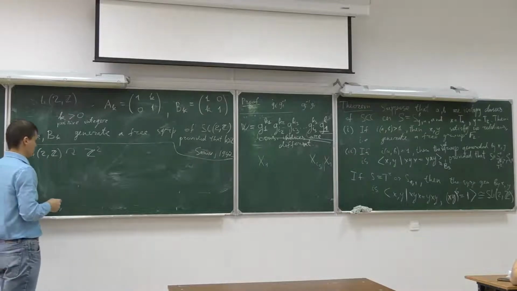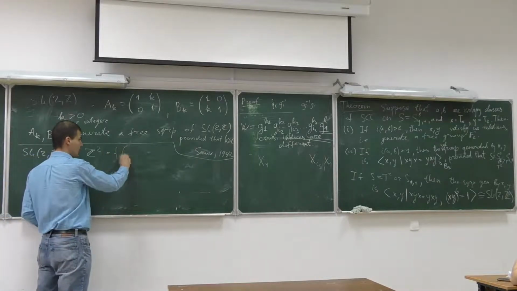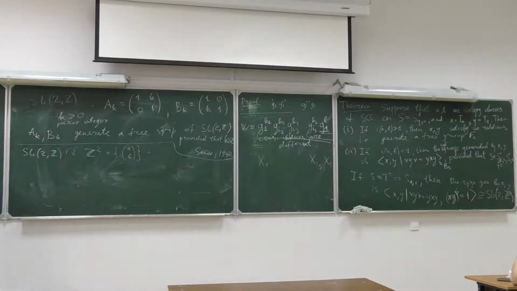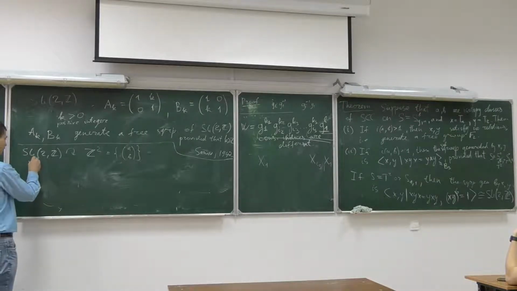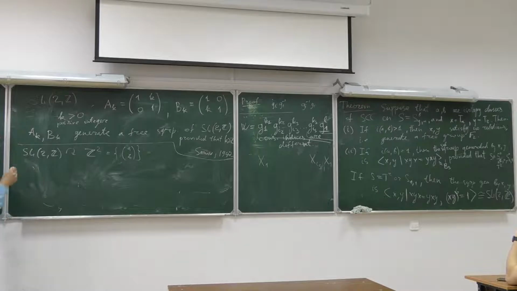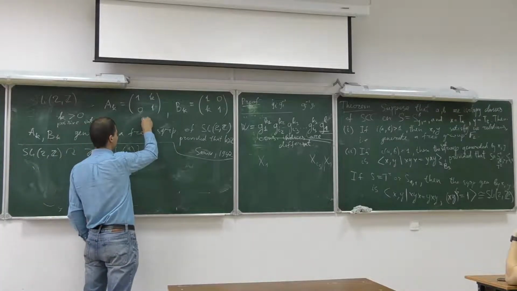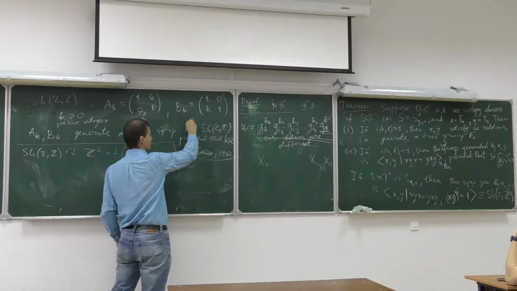So this is just the set of all integer vectors. So let us consider, to get into the notation of the ping-pong lemma, I denote this by G1 and this by G2.